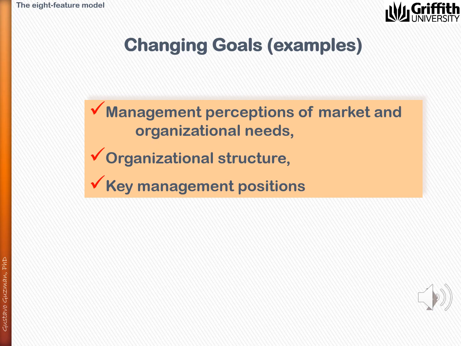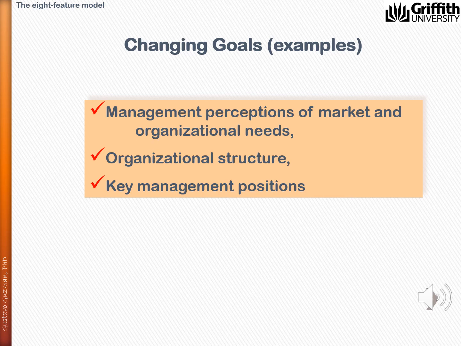Here we have some examples of changing goals. Of course, we know that a market may change, or the needs of the organization or the needs of the actual project. The organizational structure of the project also may change, and this may influence what can be achieved on the project.